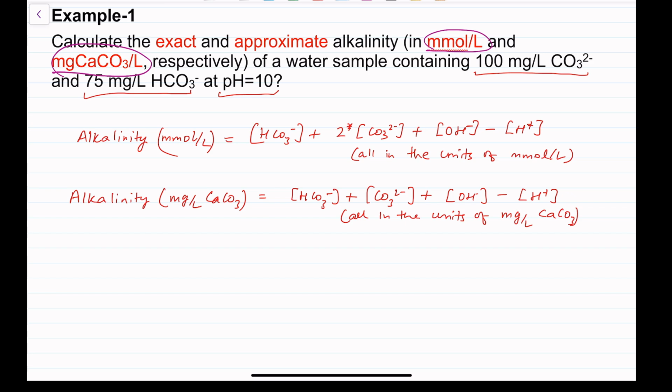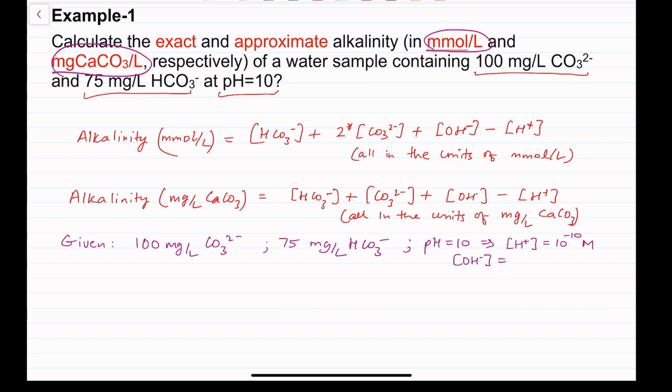Okay, so what are we given? 100 milligram per liter of carbonate, 75 milligram per liter of bicarbonate, and pH is equal to 10, which implies that H plus is 10 to the power minus 10 molar and OH minus is 10 to the power minus 4 molar.